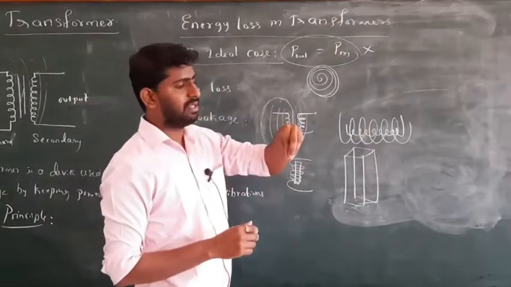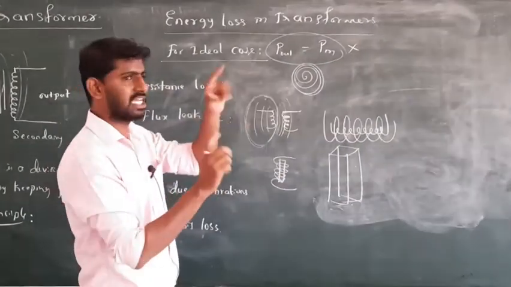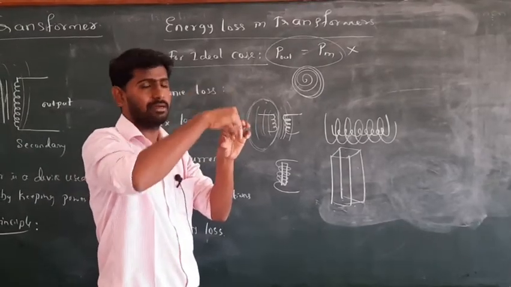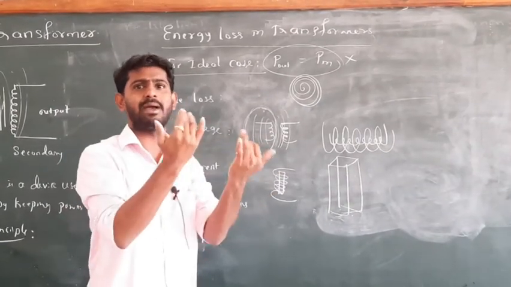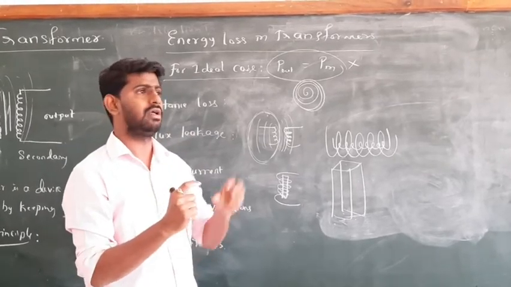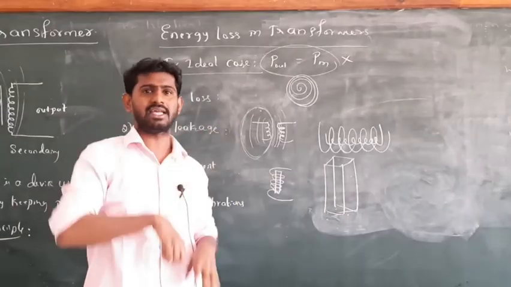Okay, so when you keep the iron piece inside and wind the copper wire to make a transformer, see that inner iron piece will magnetize and demagnetize continuously. When you allow the current, there will be production of a magnetic field. So that iron piece utilizes that magnetic flux or magnetic field to magnetize.